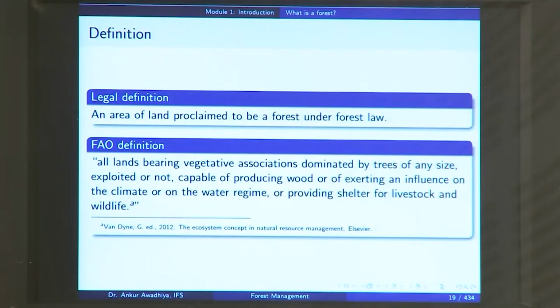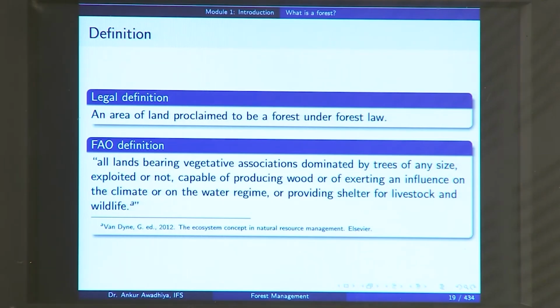So, each of these different definitions defines forest in different ways, and so we are including certain areas as forest and leaving out certain other areas that could be called a forest in certain other definitions.